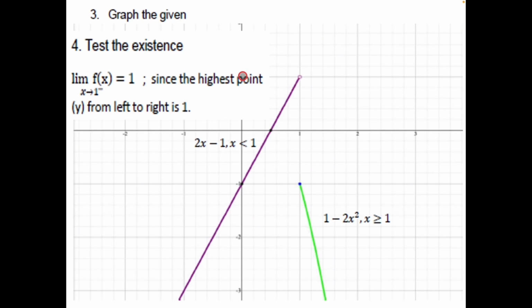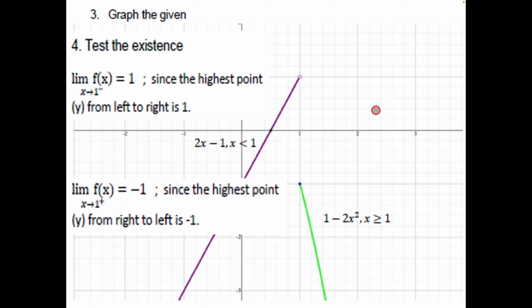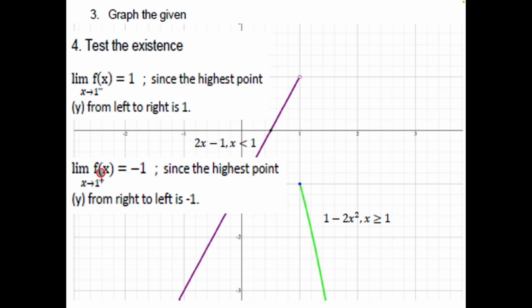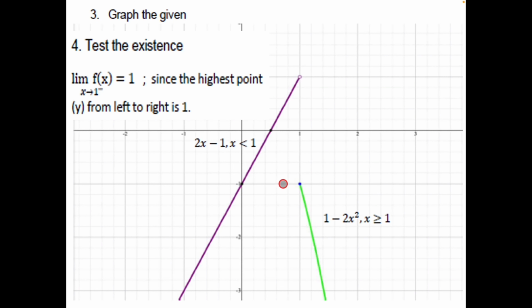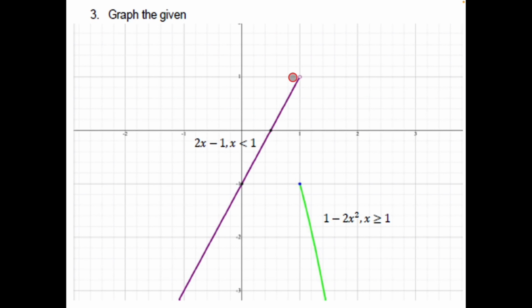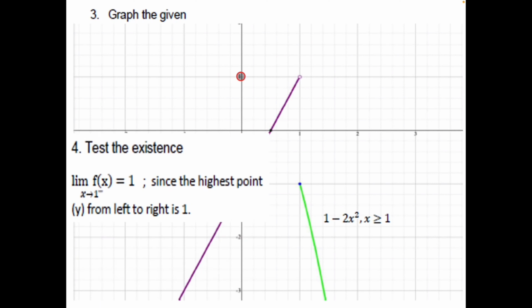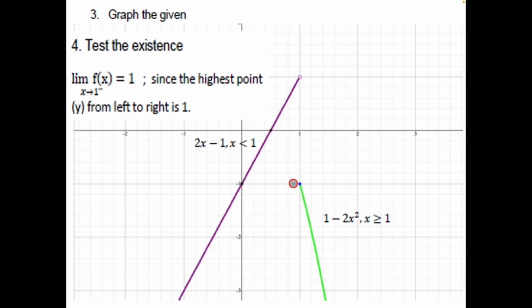Next is the limit of the function of x as x approaches 1 galing sa kanan. So, ito galing sa kanan is equal to negative 1 kasi yung katapat dito ni y is negative 1. So, ito ay positive 1 kasi ang katapat niya dito is 1. Ito is negative 1 kasi ang katapat nito is negative 1.